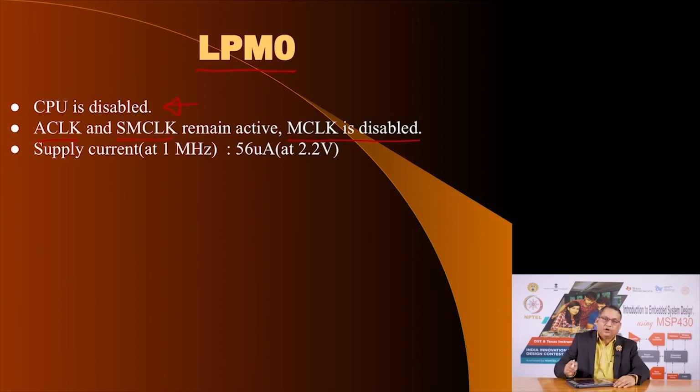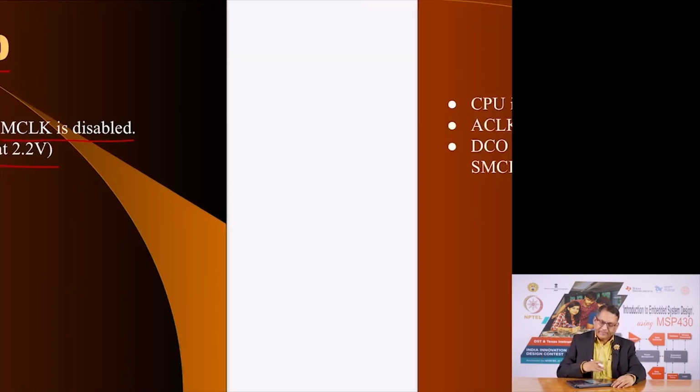MCLK, which is the master clock which feeds the CPU, is off, which means the CPU is not working, and the supply current at 1 megahertz drops from 230 microamperes down to 56 microamperes. I must reiterate that because ACLK and SMCLK are active, the peripherals for which you have chosen ACLK or SMCLK as the clock will continue to work.